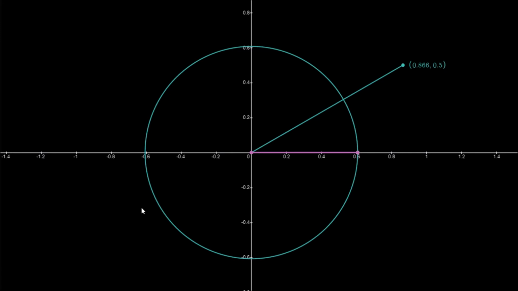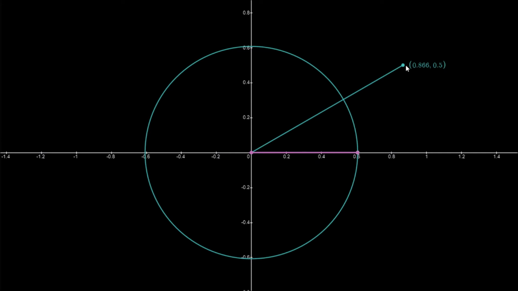Now let's start off by looking at the inverse sine. You've seen this same example previously. Whenever we looked at the inverse tan, we assumed we were given the distances 0.866 and 0.5, so that is the y and the x, and the y divided by x would be the ratio for the tangent.